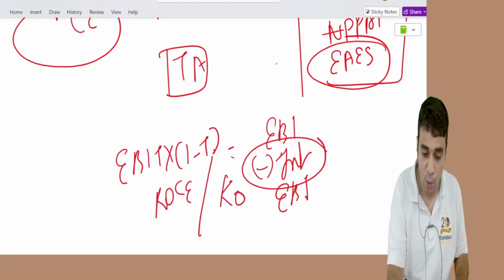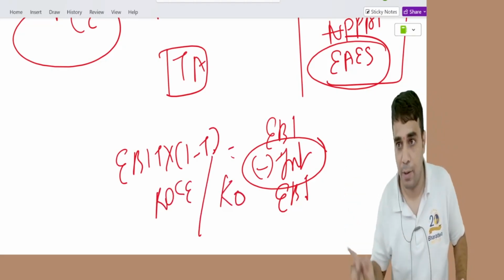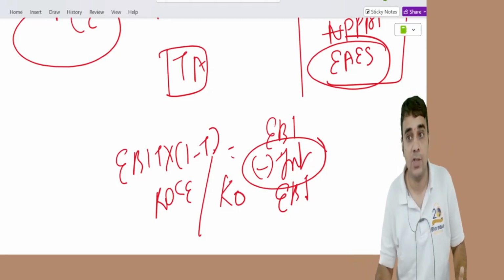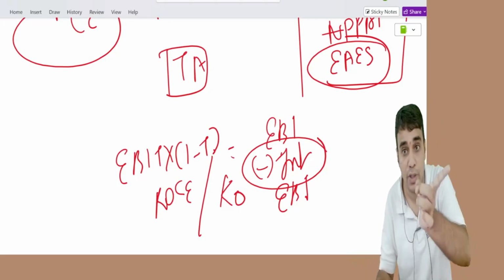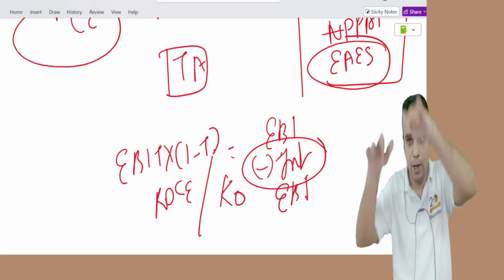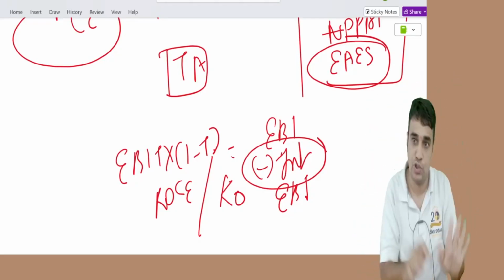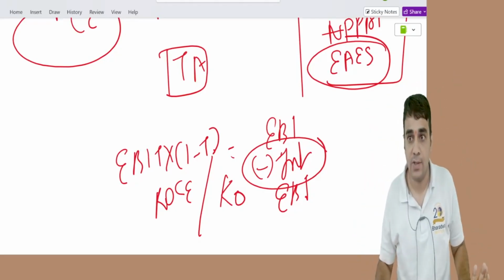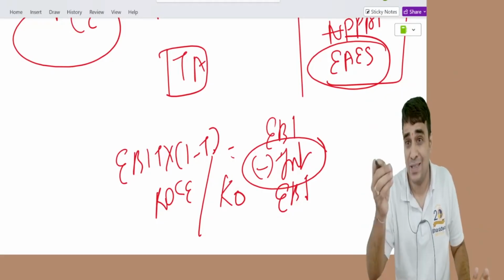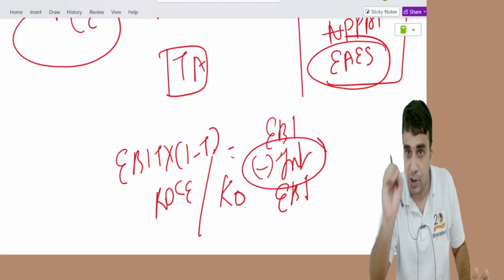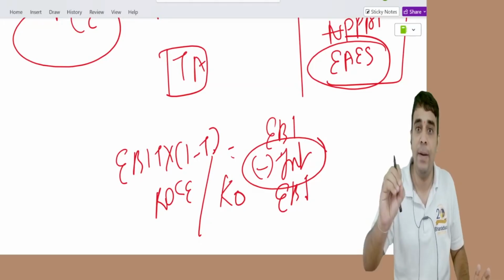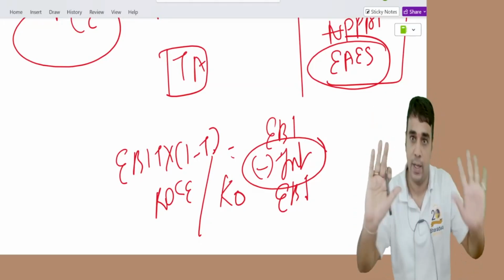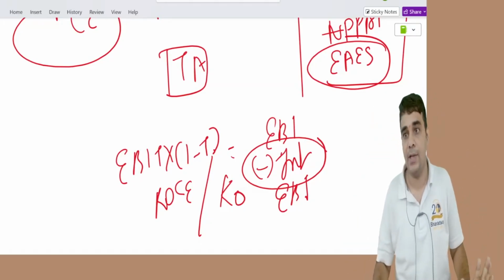Compare this with KO, the cost of capital from the earlier chapter. In the cost of capital, cost of debt is also interest into 1 minus tax. So KO is down, and ROC is also down, because tax is not on EBIT, tax is on EBT. If you do it on EBIT, ROC will go down, which is okay. That is what has to be done.